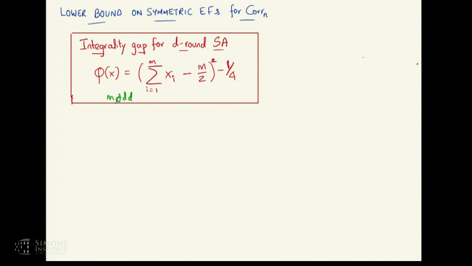I claim that this function is non-negative over the hypercube because, since m is odd, m over 2 is a fraction, not an integer. So summation xi will never be equal to m over 2. It will be off from m over 2 by at least a half. So summation xi minus m over 2, whole squared, is at least a quarter always.